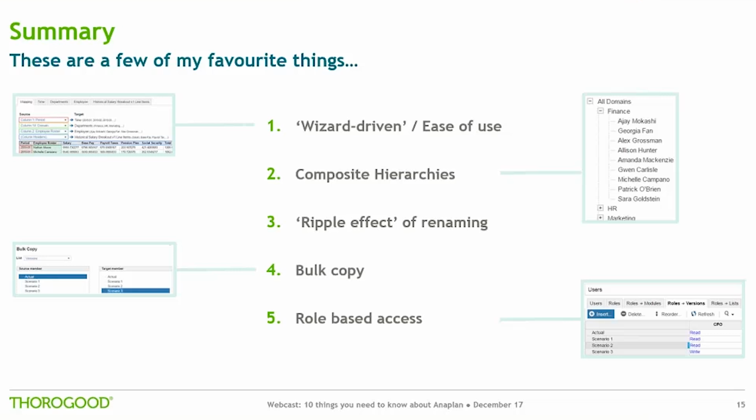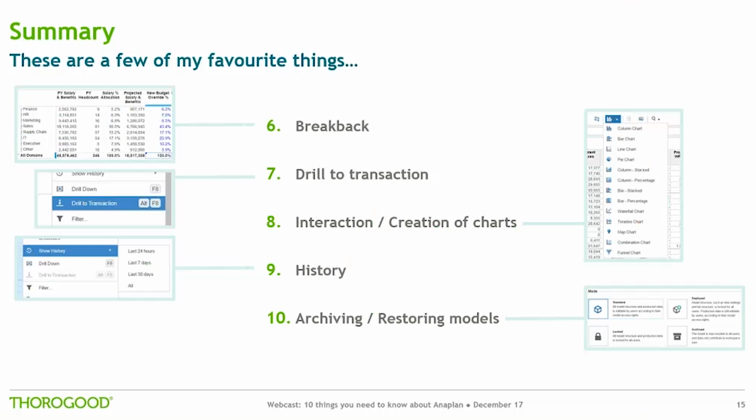5th was the role-based access, so changing people's access to different parts of the data depending on their role, nice and easy to set up. 6th was the breakback. 7th was drilling to transaction, so looking at that source data from a number on a dashboard.